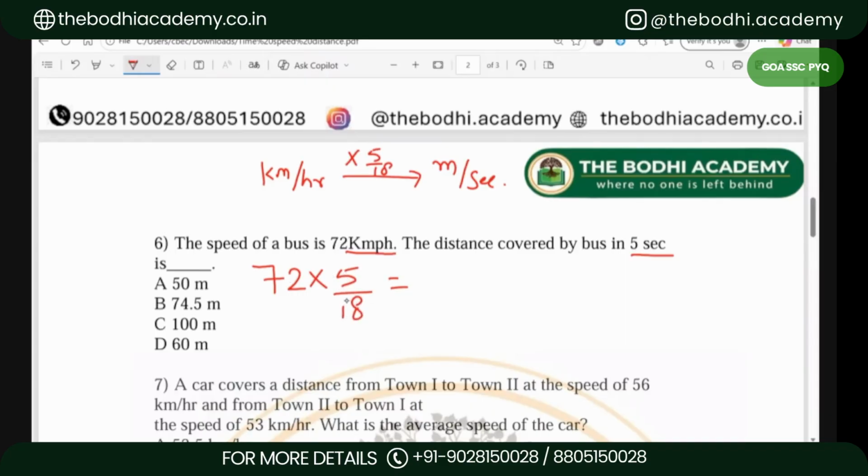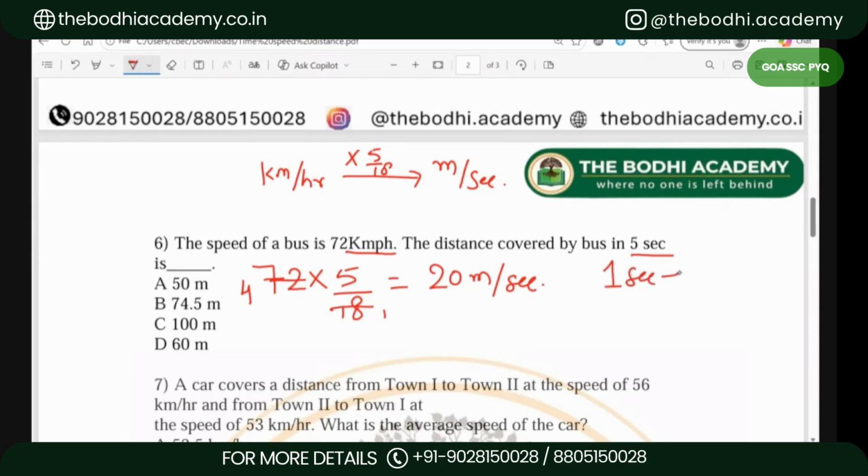72 into 5 by 18. 18 ones are 18, 18 fours are 72. It will come 4 times. So 5 fours are 20 meter per second. In 1 second, it will cover 20 meters. The question has asked for 5 seconds.